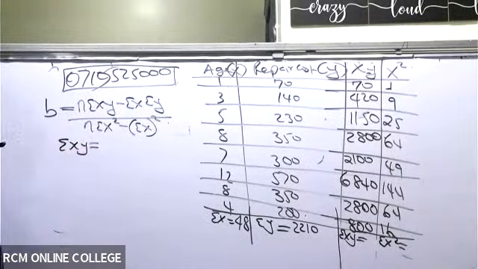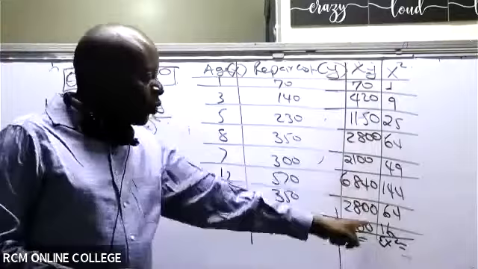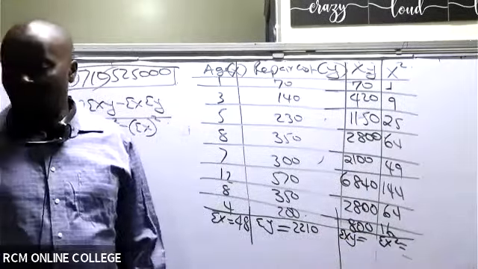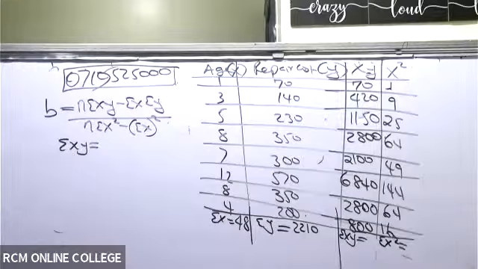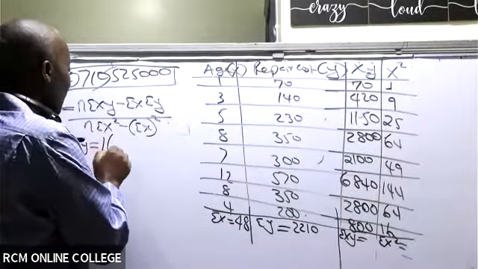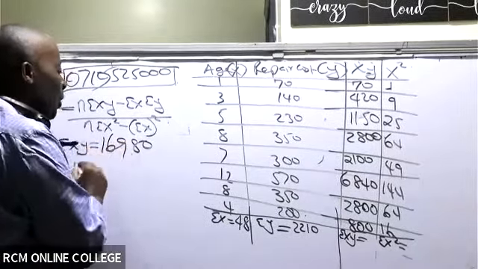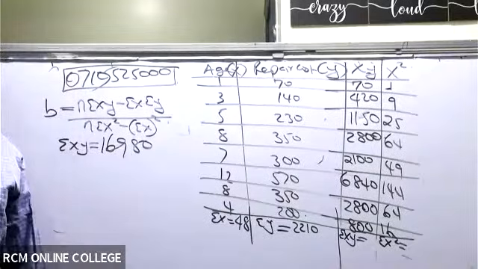Anybody who could be having this answer? xy is 16,980. Can someone else confirm that what this great sister of ours is giving us is correct? Yeah, somebody has confirmed 16,980.